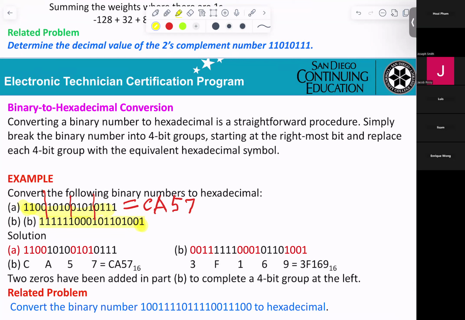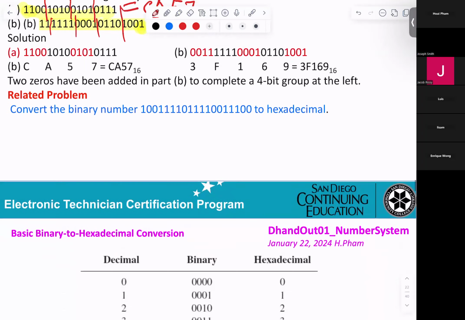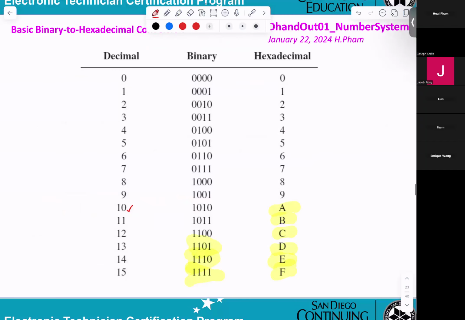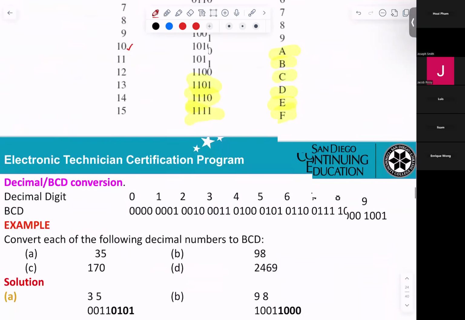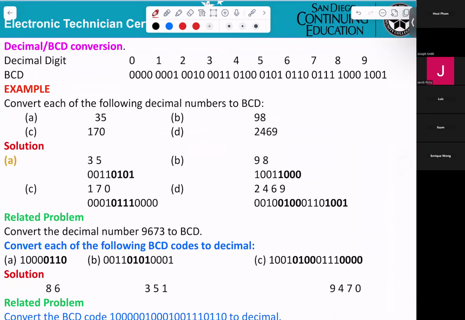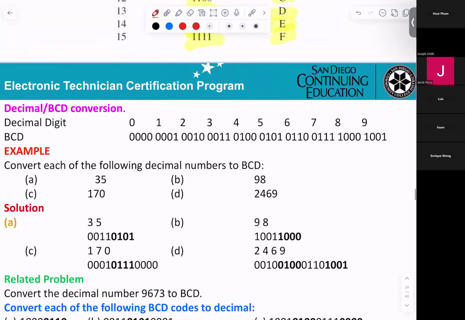And the next one, 4 bits. 4 bits. 4 bits. Then you look into the table here. Okay. You can get the number.